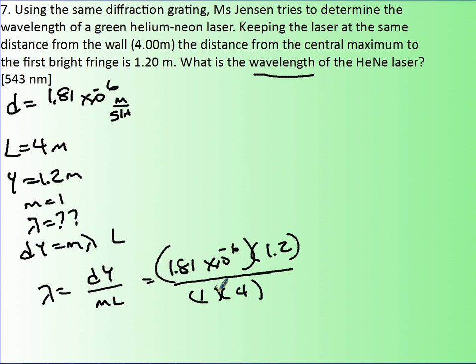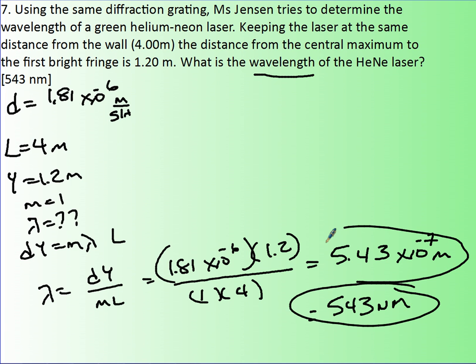So 1.81 times 10 to the negative 6 times 1.2 divided by 1 times 4 is 5.43 times 10 to the negative 7 meters. And you'll get really good at this. This is 543 nanometers. Either answer is fine. I don't care.